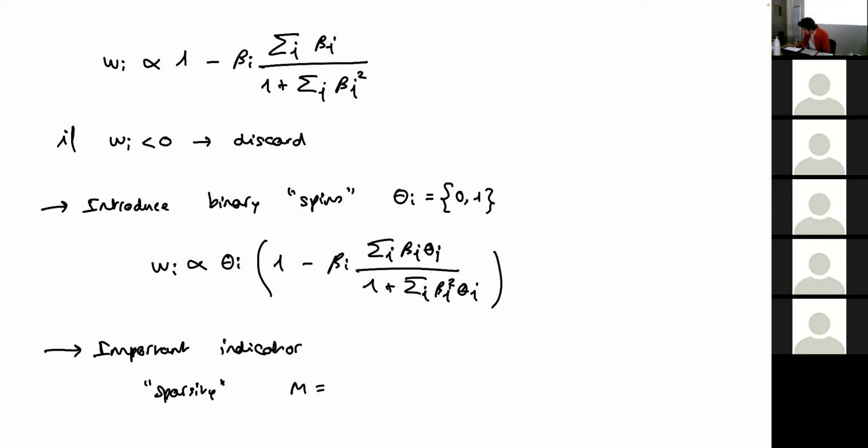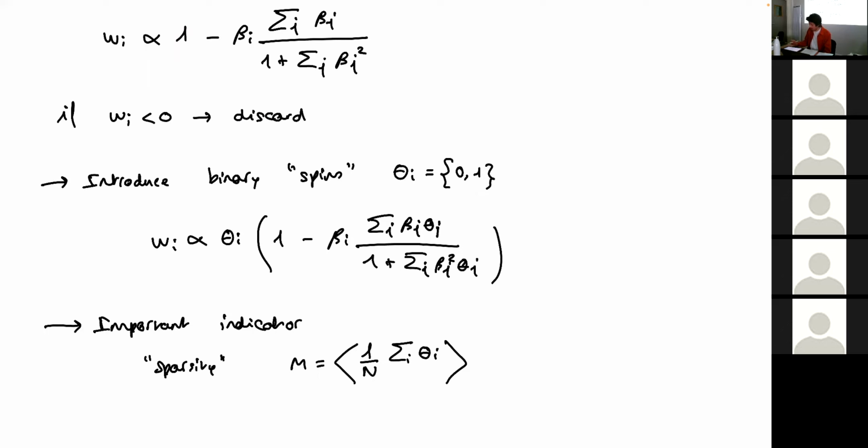I'll write it n, and here the average is taken over what I'll call from now on the disorder, which is basically the draw of beta, okay? It's basically the fraction of positions that are occupied, or species that have survived at the very end of the dynamics. And this obviously is less than or equal to 1. In a sense, this is really our order parameter here, in terms of statistical physics lingo.